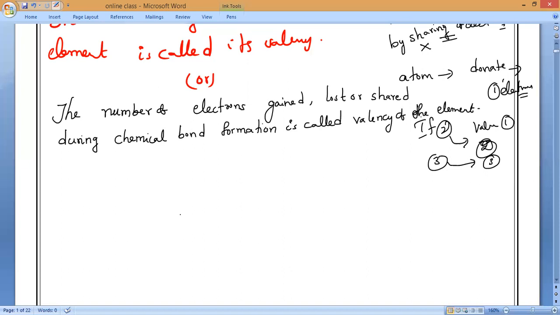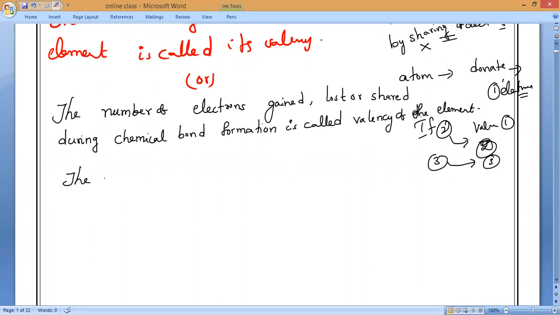So what is the use of valency? The valency will decide the reactivity of the metal, meaning whether it is a more reactive or less reactive element. I can come to know with the help of this valency. When we are practicing, you will understand.